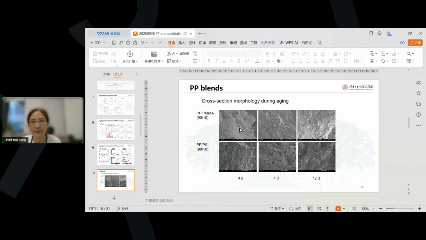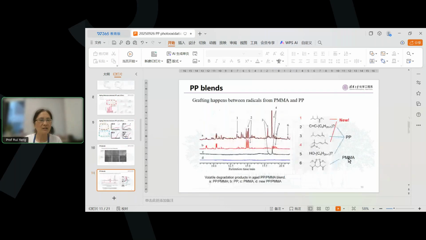But during the aging process, this phase separation disappears. But for PP/PS, the phase separation appears from the beginning to the end of the aging procedure. So we want to know why these two different behaviors happened.